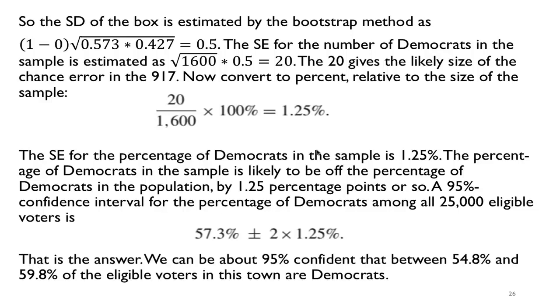So we get the interval between 54.8% and 59.8%. That means that we are 95% confident that the true percentage of Democrats in the general population is between 54.8% and 59.8%.